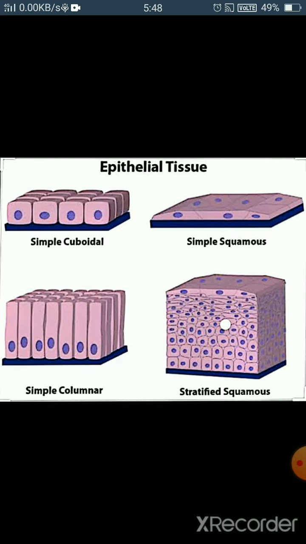The covering or protective tissue in animal bodies is called epithelial tissue, and it covers mostly the organs and cavities within the body. It also acts as a barrier to keep different body systems separate, right? So it acts as a layer between two organs. The skin, the lining of the mouth, and the lining of blood vessels, lungs and kidneys are all made up of epithelial tissues.